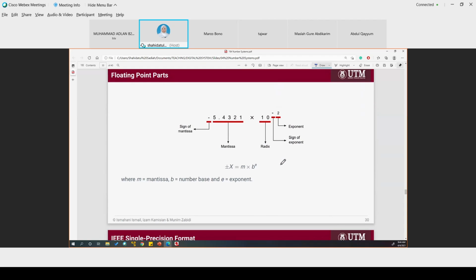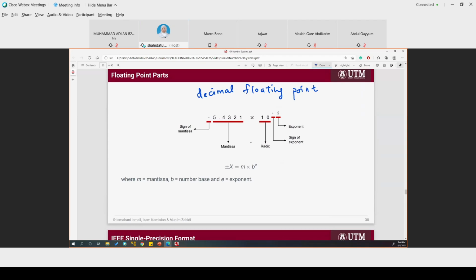Okay, learning about the floating point parts. Okay, it's very hard to say that. Floating point parts. Okay. Here is an example when we use decimal. Decimal floating point.